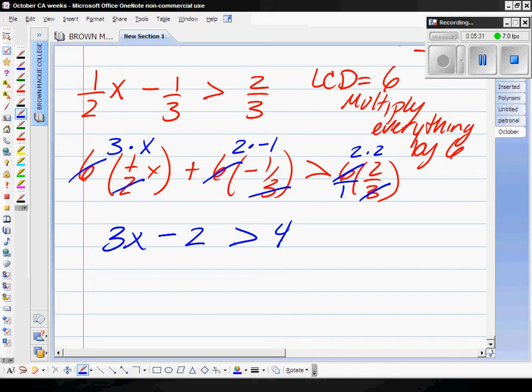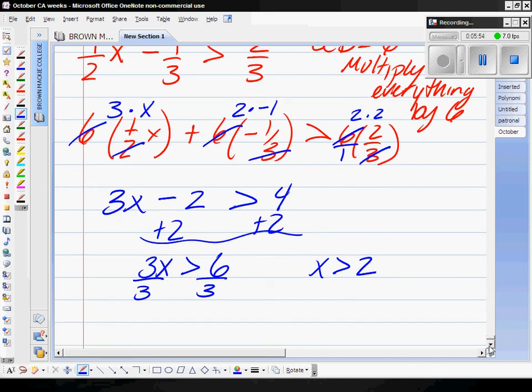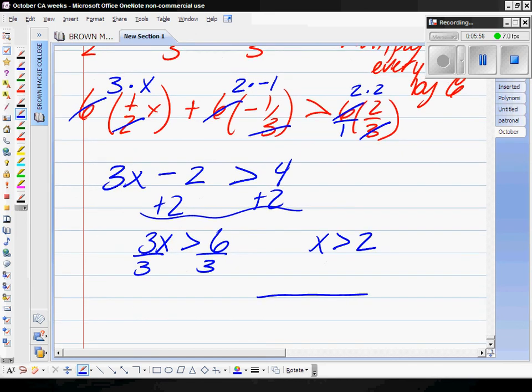So now what's left to do is to just solve the inequality. So add the 2 to both sides, and then we are left with 3x, which is greater than 6. So now divide each side by 3, and x is greater than 2. So can I graph this solution? I surely should be able to.